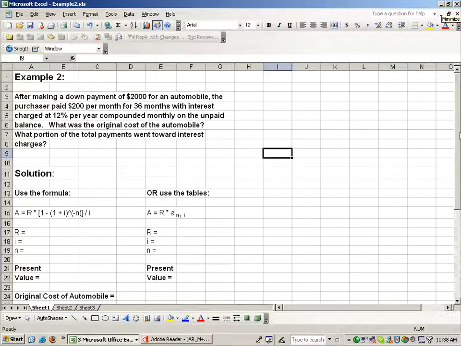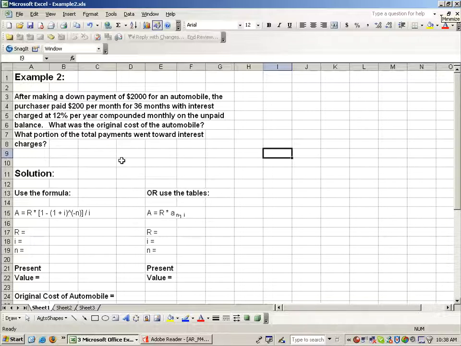Okay, read the problem. Alright, so a down payment of $2,000 was made, and the purchaser is going to continue paying $200 per month.